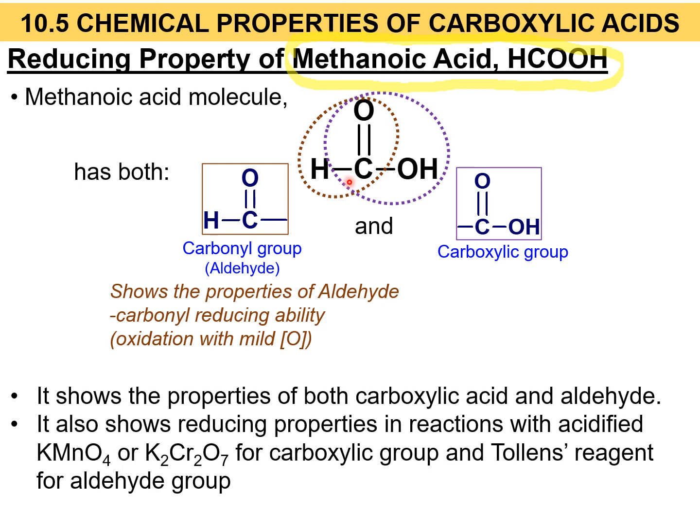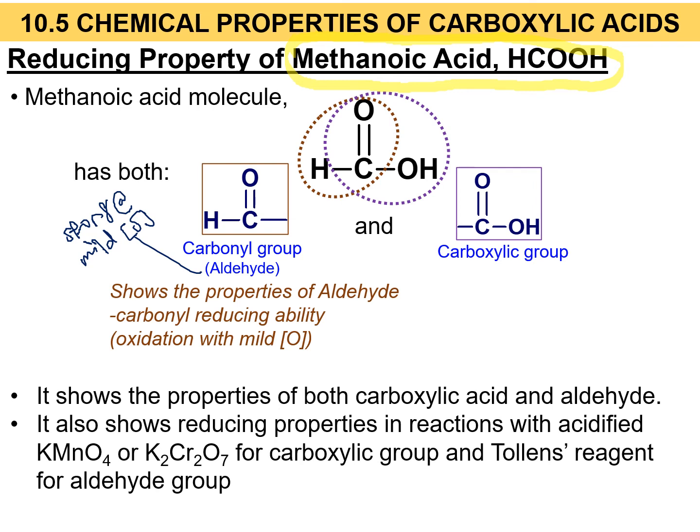Okay, so kita tahu aldehyde dia boleh buat oxidation reaction with a strong oxidizing agent ataupun mild oxidizing agent. Okay, kalau you tak ingat, you boleh tengok balik my videos pasal aldehyde. Aldehyde boleh buat oxidation, tapi ketone tak boleh buat oxidation.